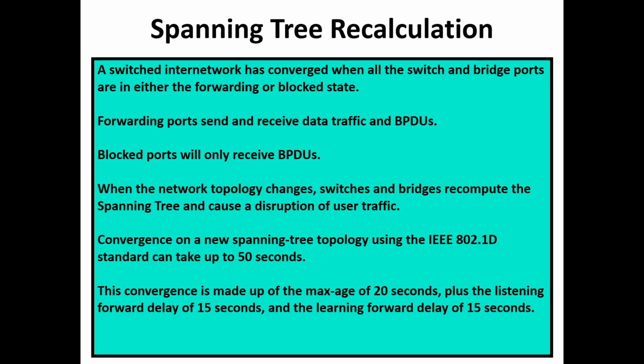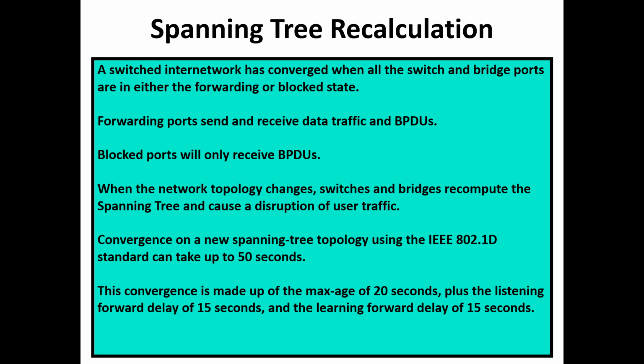Let's see how spanning tree does the recalculation. A switch network has converged when all the switch and bridge ports are in either the forwarding or blocked state. Forwarding ports send and receive data traffic and BPDUs. Blocked ports will only receive BPDUs.